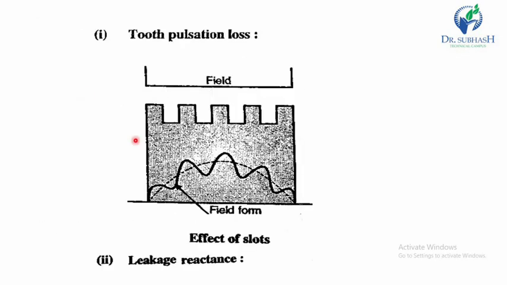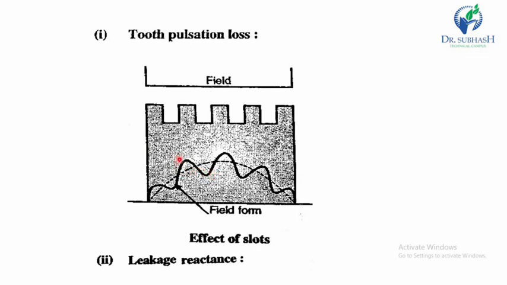Now, leakage reactance. When a large number of slots are used, the insulation required for the slot increases. So due to the insulation, the leakage flux sees a high reluctance path, and there is a reduction in leakage flux.